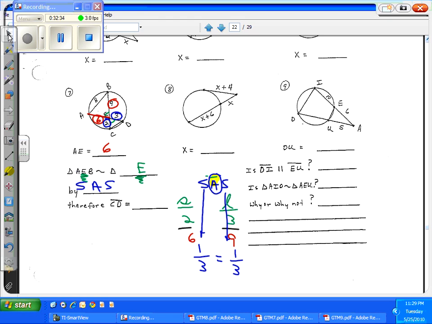Opposite the small over here is B. Opposite the small over here is D. So B goes to D because they were both opposite the smalls. B was last, so D was last. We've got E and D, and the only thing left is C, so we have our similarity named in the right order.